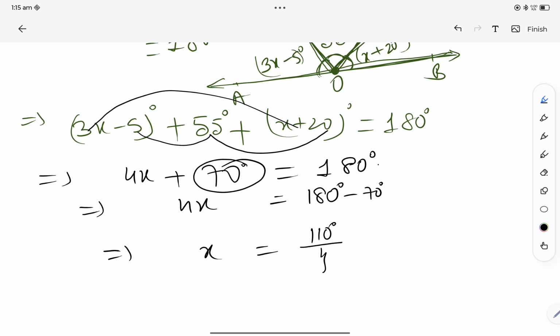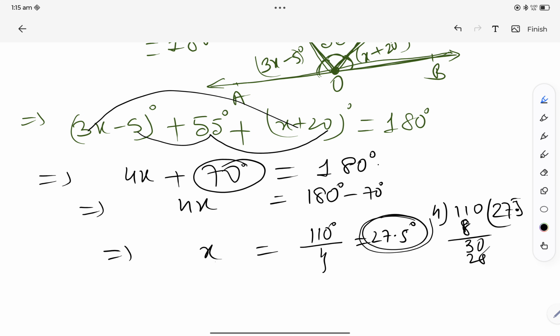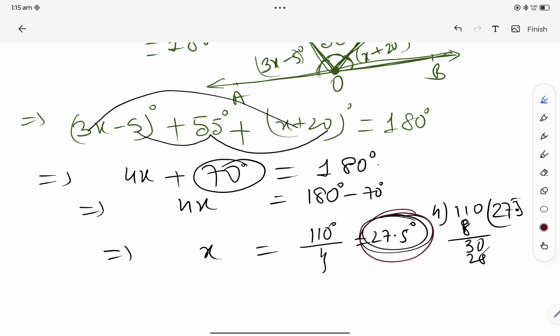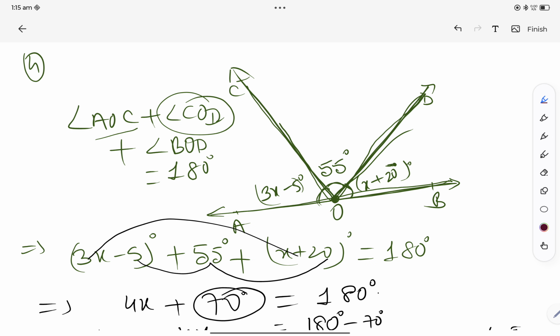So this is the value of x, and when you divide this 110 by 4, you get 27.5 degrees. So the value of x is equal to 27.5 degrees.